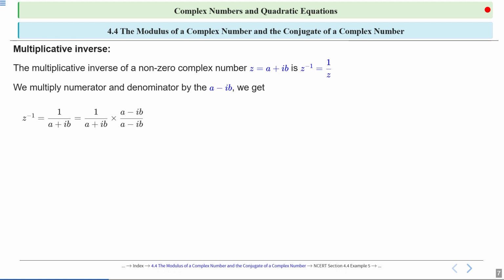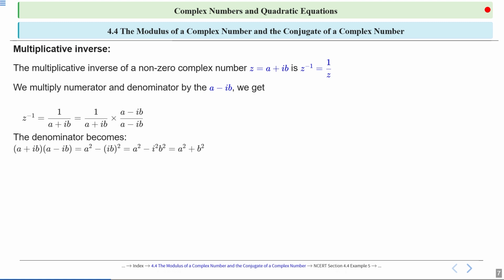So we do this by multiplying both the numerator and the denominator by the conjugate of z, which is a minus iota times b. So we write z inverse equals 1 divided by a plus iota times b, which is equal to 1 divided by a plus iota times b, times a minus iota times b divided by a minus iota times b. So now we can simplify it.